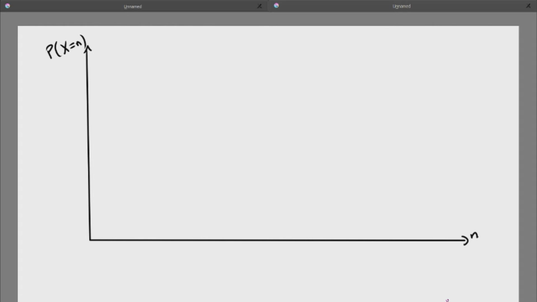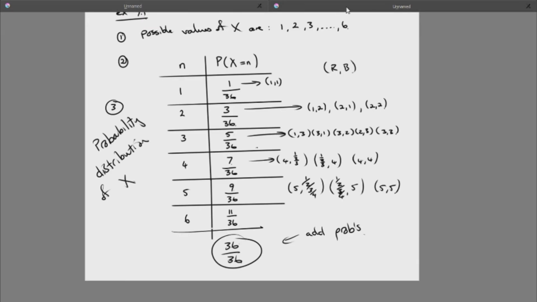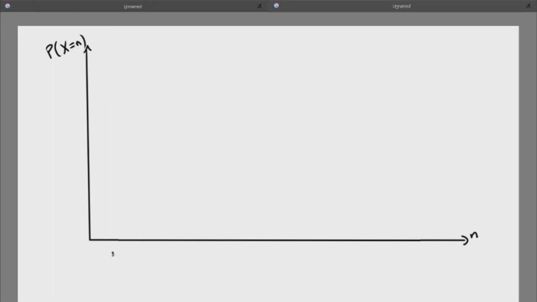And it's always going to be like that. The vertical one is going to be the probability. Now, I'm going to have my possible numbers, which were 1, 2, through 6. Let's just center them like this to try and space them perfectly.